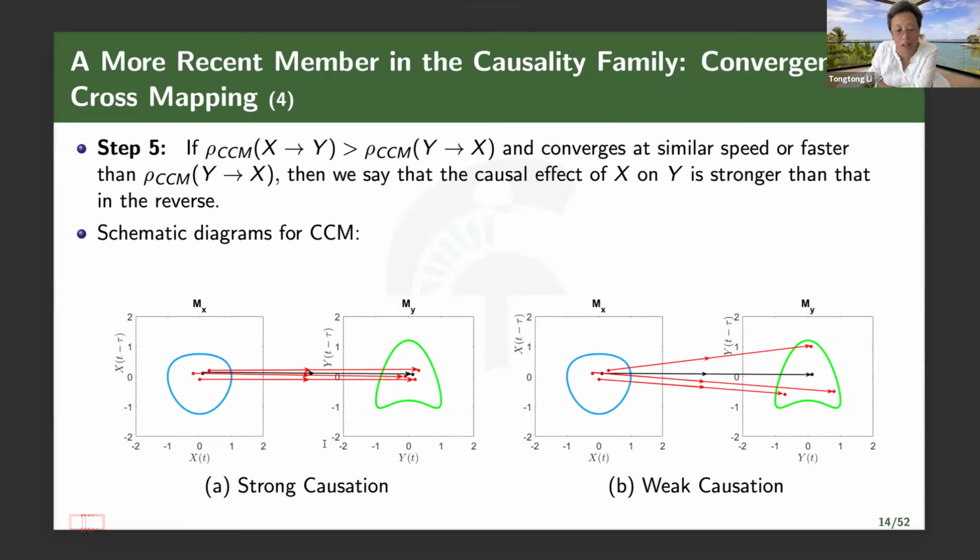So we can see that if there is a strong causation between x and y, the nearest neighbors of x map to the nearest neighbors of y. When the CCM value is small, then the nearest neighbors will not be mapped. It will be a big mess.